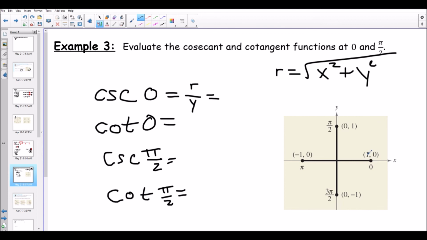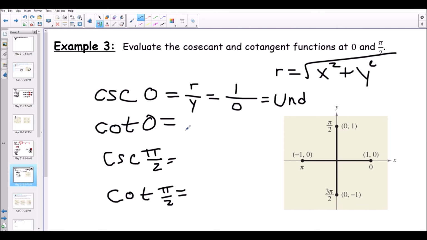And we know our x squared is 1 squared, and our y squared is 0 squared. 1 squared plus 0 squared, 1 times 1 is 1, 0 times 0 is 0, 1 plus 0 is 1, the square root of 1. Your radius is just going to be 1. And then the y value for the cosecant at 0 is 0. So guess what happens? 1 over 0, this is going to be undefined. Can't divide by 0.